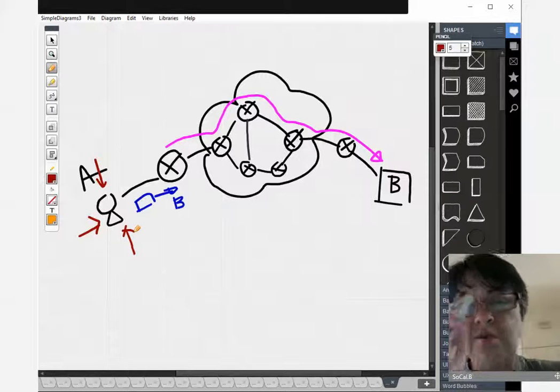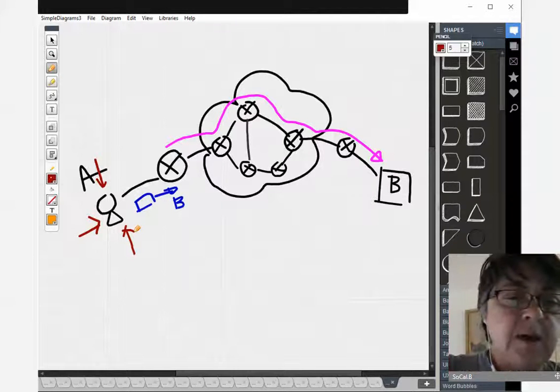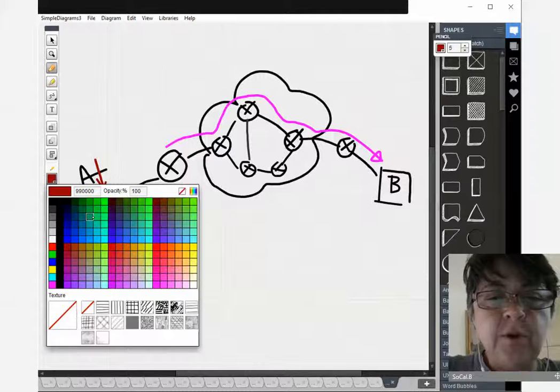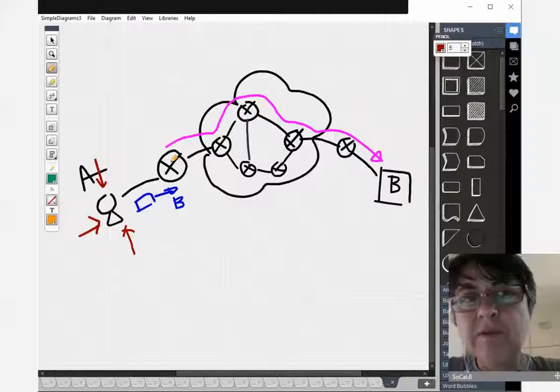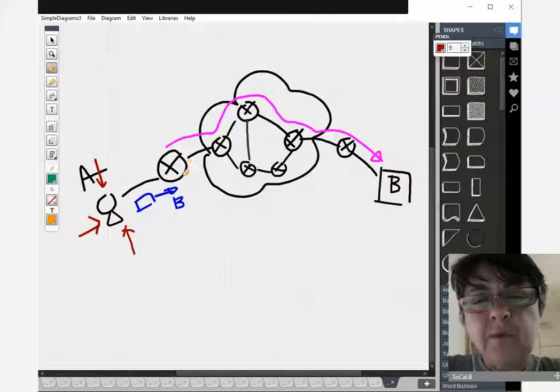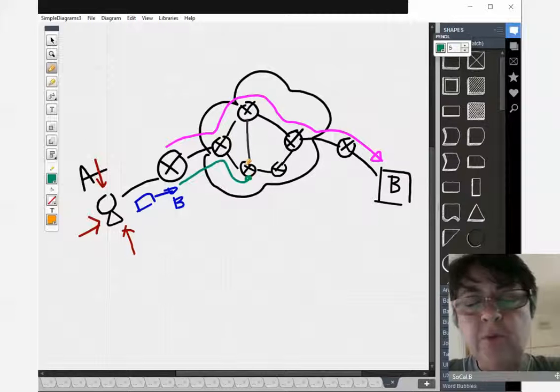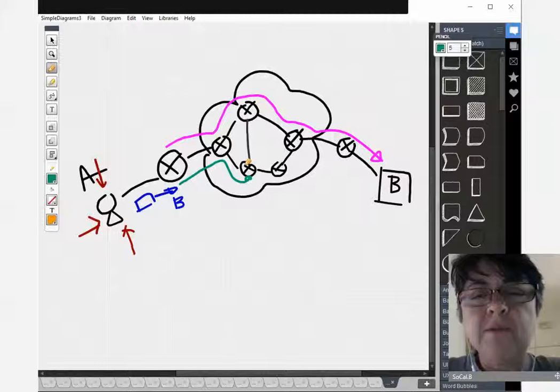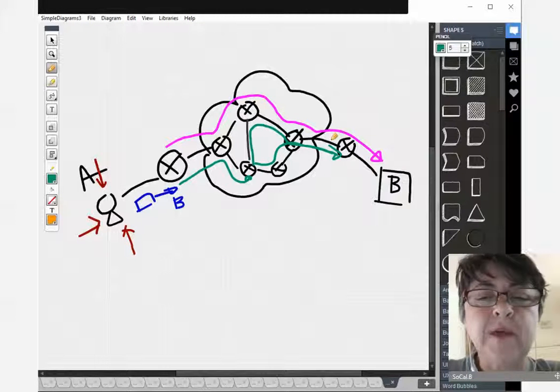I want you to go, ignore what the router said. Go this way, and then from here take whatever's the best route. So they'll say, okay, let me go through this way, or let me go through this way. You see? So that's specifying partial route.